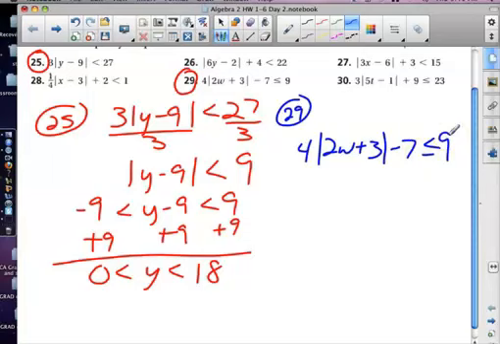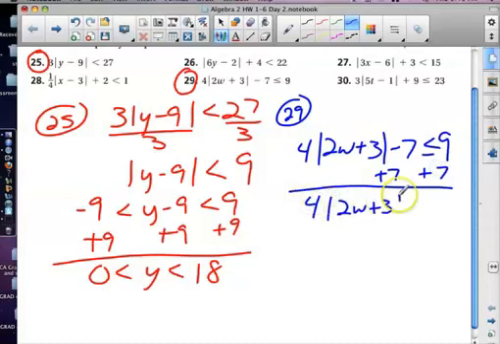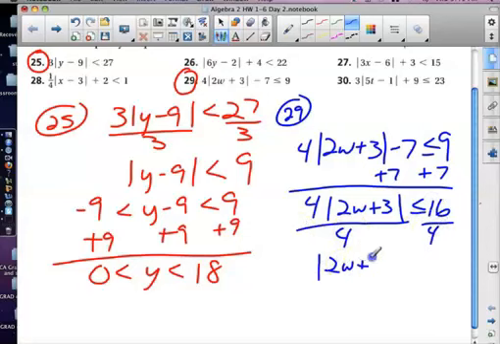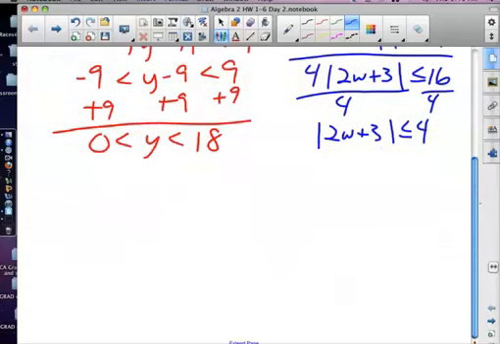Again, we have to isolate our absolute value, so we're going to add 7 to both sides. Then we're going to divide both sides by 4. And now that we have it isolated, we're going to need to set this up as a compound inequality.